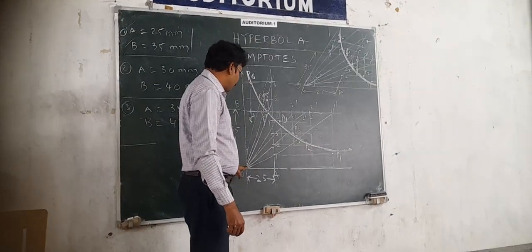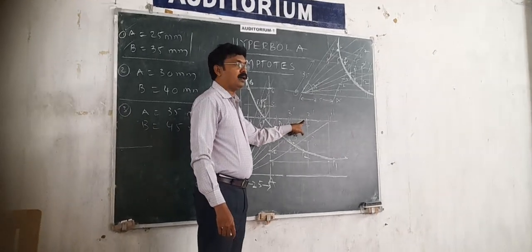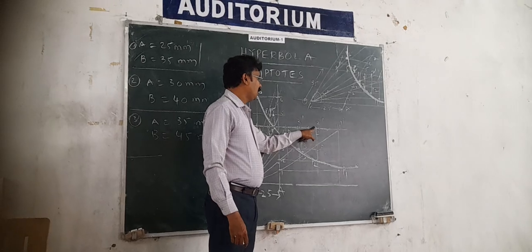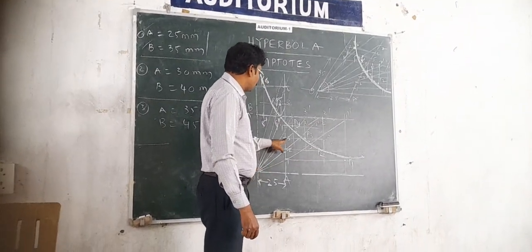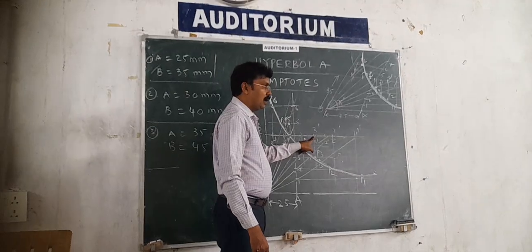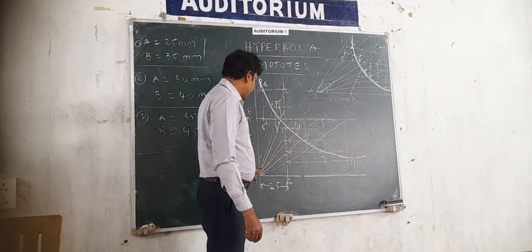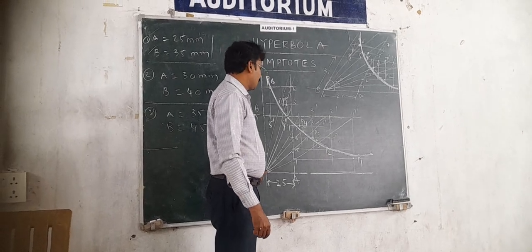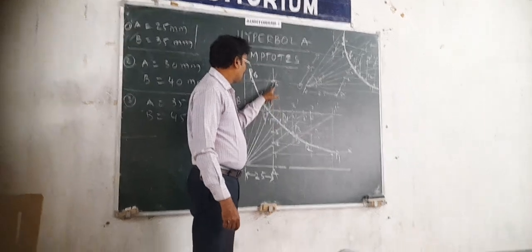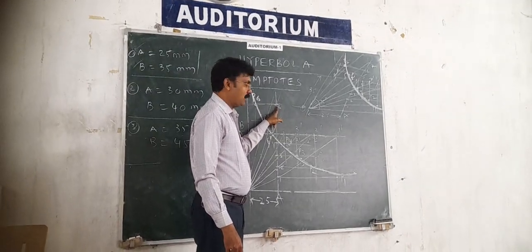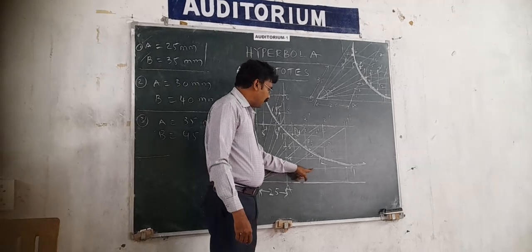Again join O to 2 and extend it onto the asymptote B until 2 dash, and extend O to 3 onto the asymptote B up till 3 dash, and continue this process for all the points which you located up till 6.